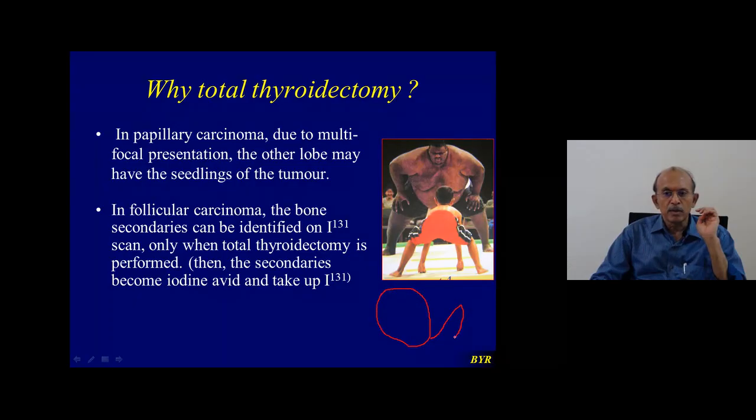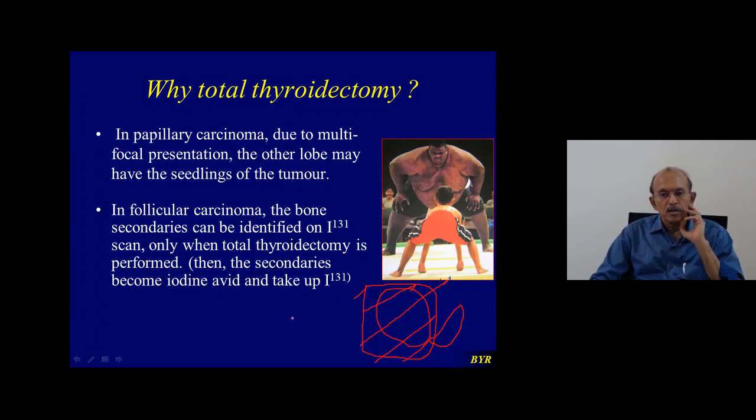The other lobe is there. You have done surgery and removed this right lobe. The report came as follicular adenocarcinoma. Now you are advised to remove the other lobe also, either by surgery, or by radioactive iodine, or by T4 suppression.